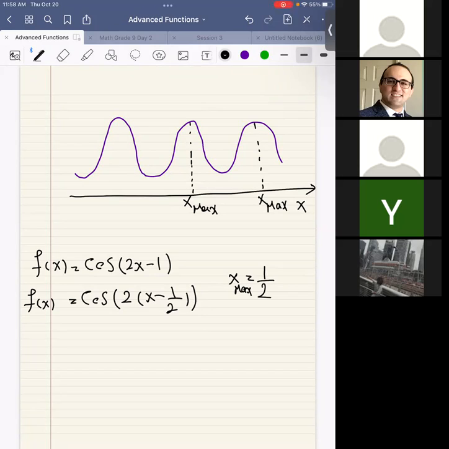So what is the period of this function that I just wrote? X max 1 minus X max 2. No, period, not amplitude, the period.